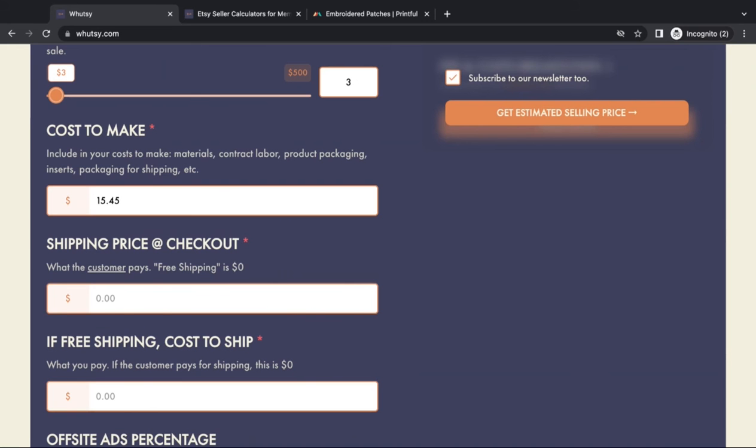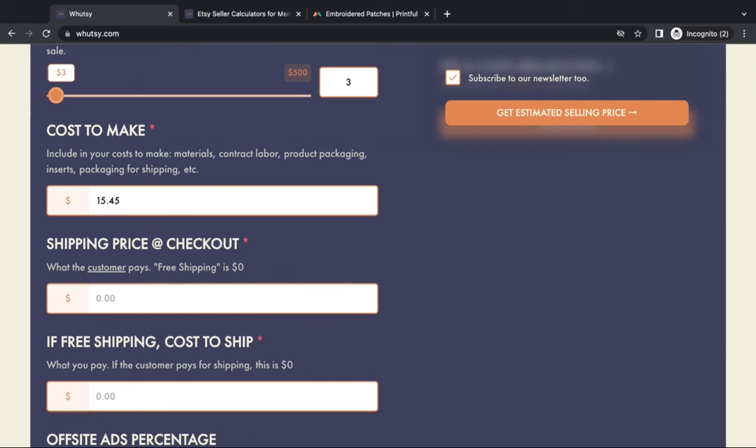Maybe you can figure out how much thread you're using per patch on average and include those costs in this cost to make one patch. There's lots of things you need to factor in. The cost of equipment. Do you have someone who you pay as a designer to do the design work? All these things could possibly be it.